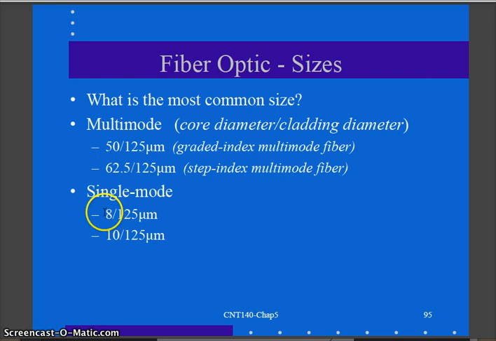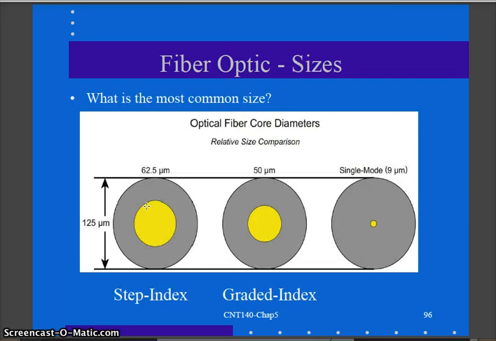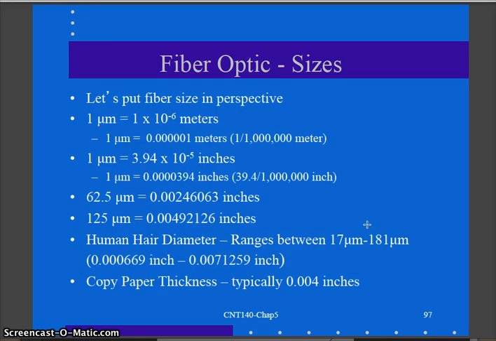Meanwhile, your single mode is in the 8 to 10 micron core and 125 micron cladding. Much smaller, much smaller. So as I look at a size comparison, here's trying to show you a quick size comparison of step index, graded index down to single mode. Just trying to give you a little relationship on size there.